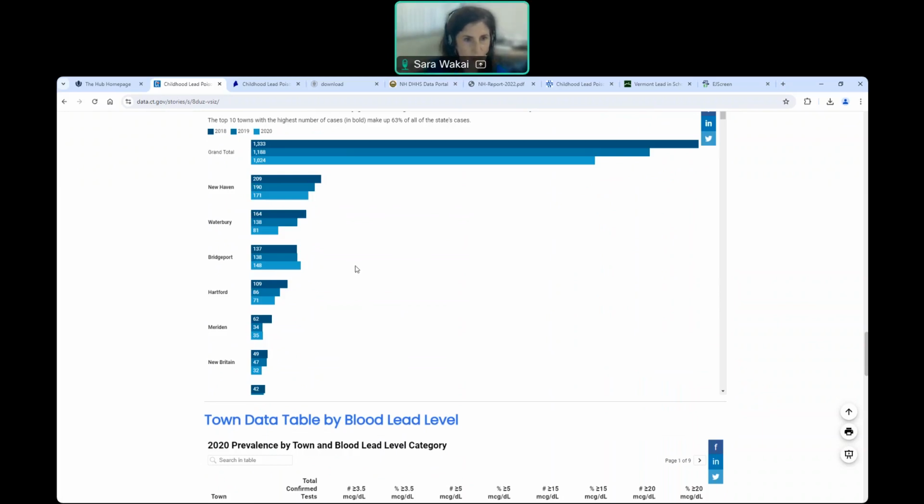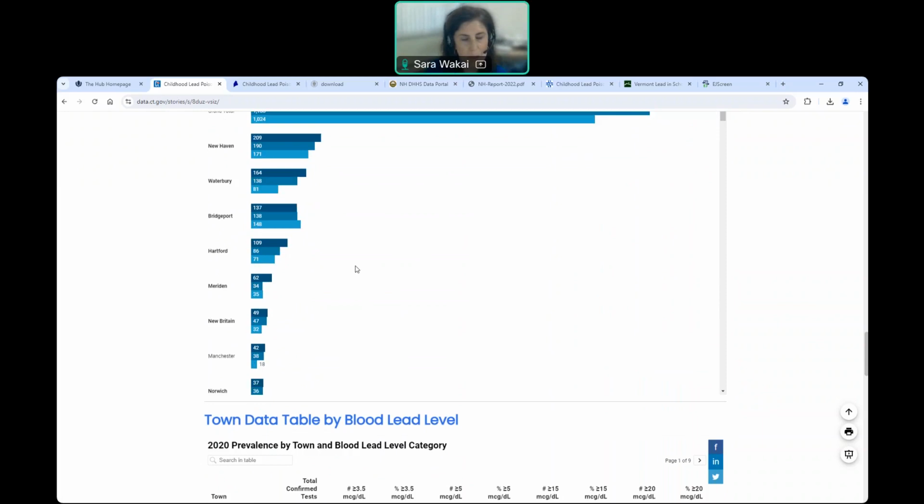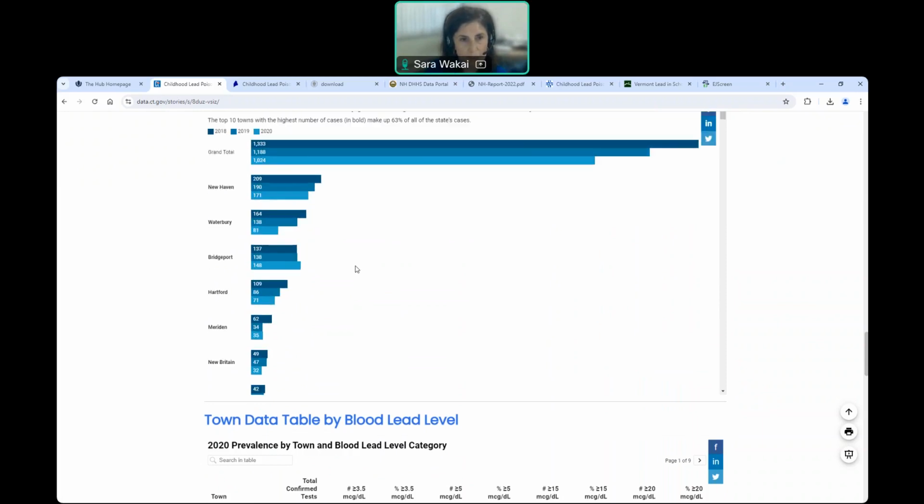If you have a particular town that you're interested in for the data that you need for your application, this is where you can look.